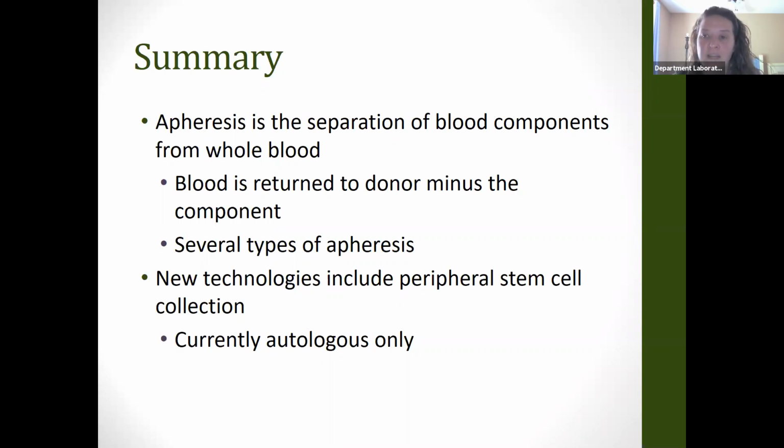However, if it's for a therapeutic treatment option, then the product is removed, and then the patient gets donor product back. So for Waldenstrom's, TTP that we talked about, or a red cell exchange for sickle cell, if it's a therapeutic apheresis, then those patients will receive products back. Depending upon the weight will determine how much.